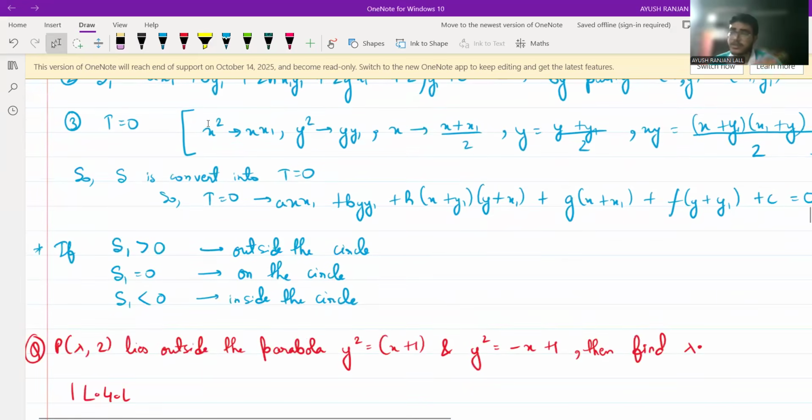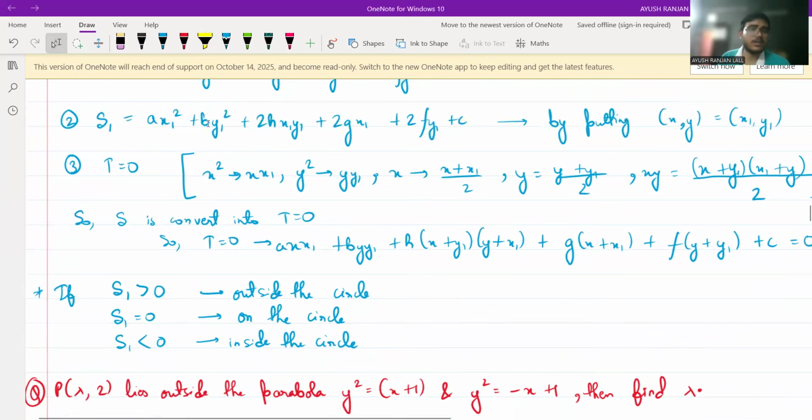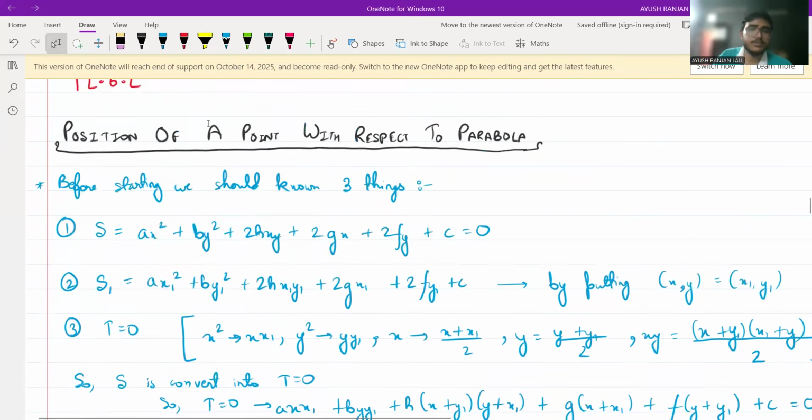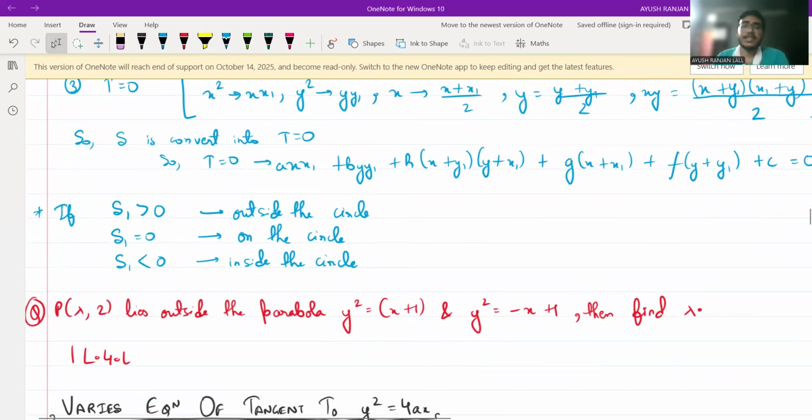Next, S1 greater than 0 means outside the circle. Okay, here, hmm, wait, there should be something about the parabola. Just leave it; I will write it as parabola. We have discussed all these three things in circles.